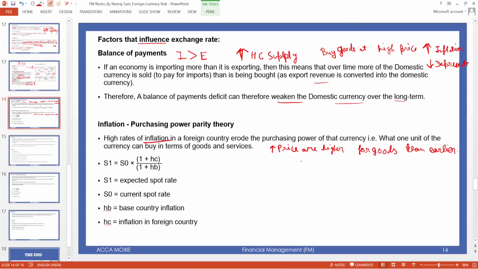Right now the prices are higher than they were earlier, which means that, for example, 1 pound can now get less quantity of an item, which means the purchasing power is depreciated.